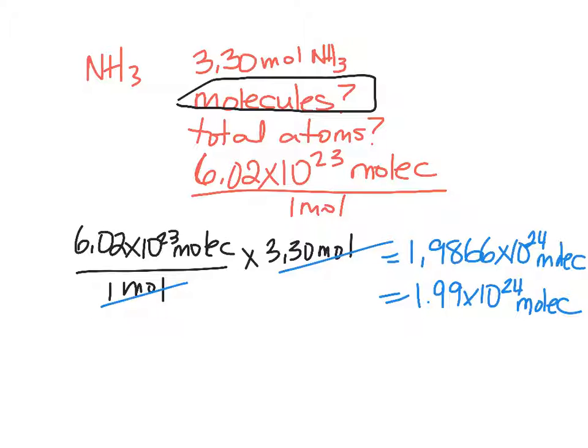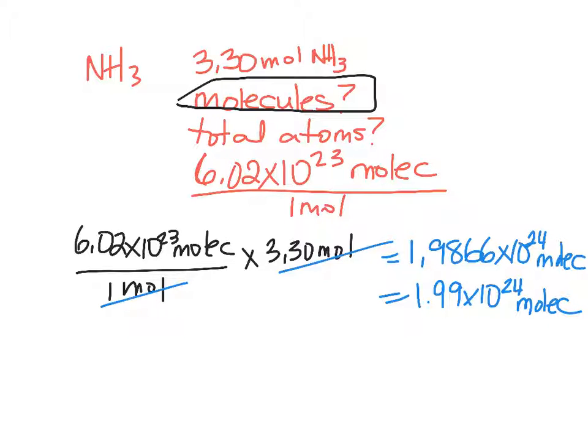It wants the number of total atoms in that number of moles. How many total atoms are there in a molecule of ammonia? How many atoms altogether? Ethan? NH3. How many? 4 atoms.